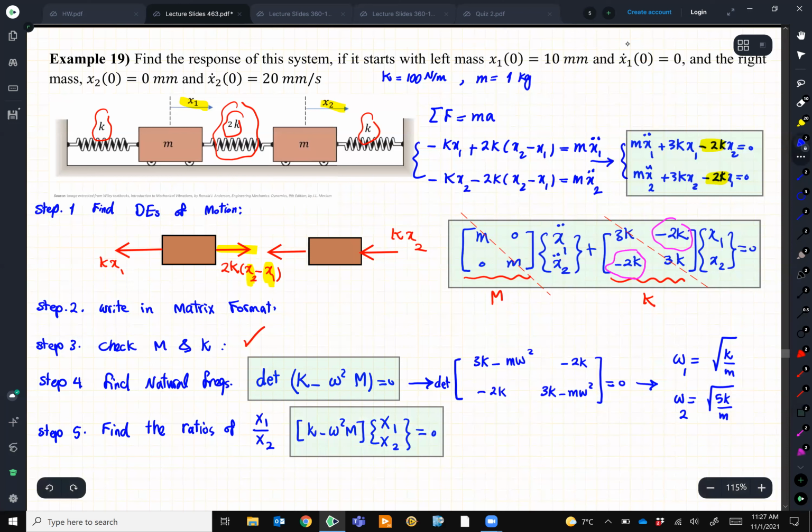So here is the plan. We want to find out the ratio of x1 over x2. This is the equation. Let's write it down.